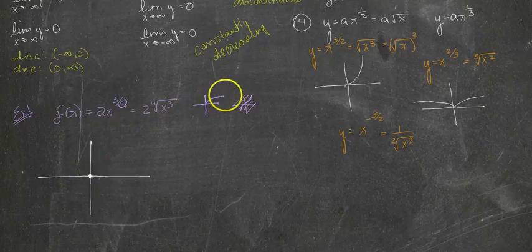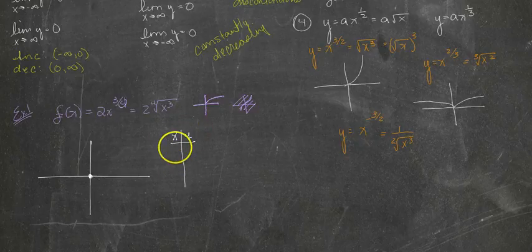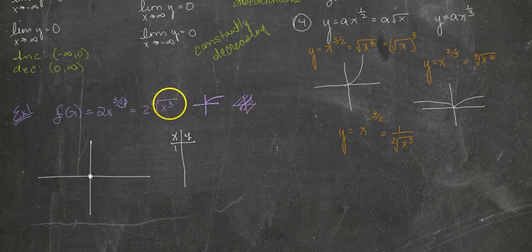And then to find out the shape, how does all the rest of this stuff affect it? I'm just going to plug in a number. So I'm going to let my x value equal 1, because 1 is our favorite plotting point after 0. So if I put in a 1 for x, then I get the cubed root of 1, which equals 1 cubed, which equals 1.